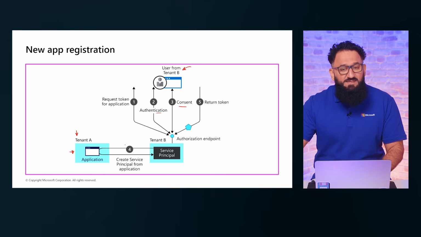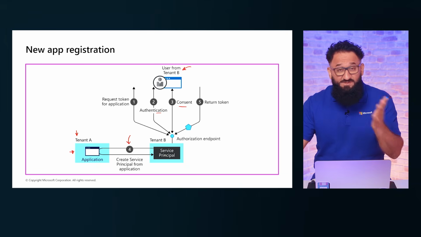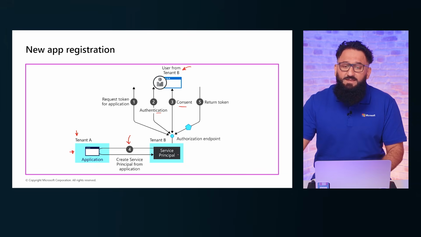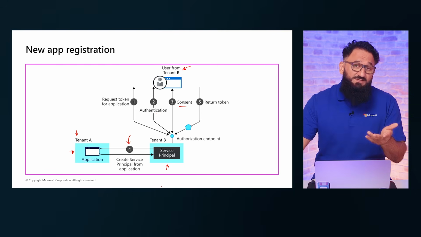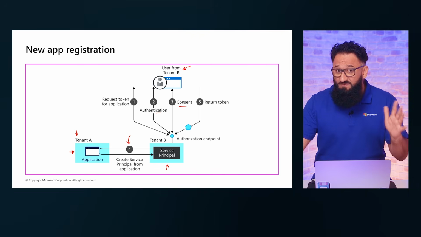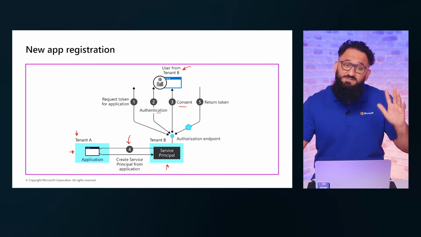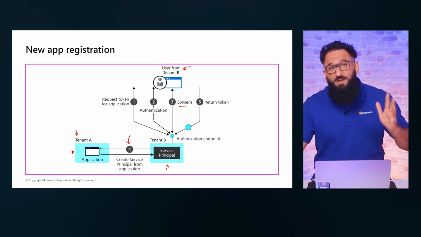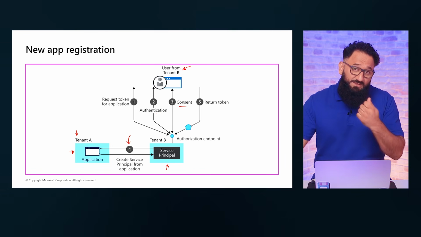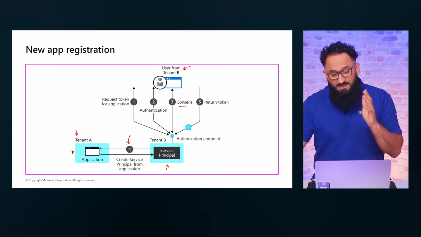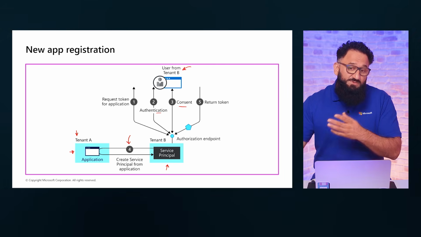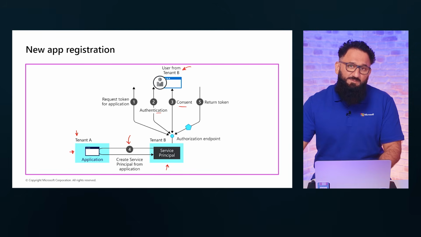But before it does that, it creates a new service principal for this user, for this application in your tenant B. So tenant B now has a service principal available for the user to gain access to this application. Even though the application's home realm is still tenant A, in tenant B it has a new service principal that's now available for the user to sign into. And the user receives a return token for them to be able to log in to this application.